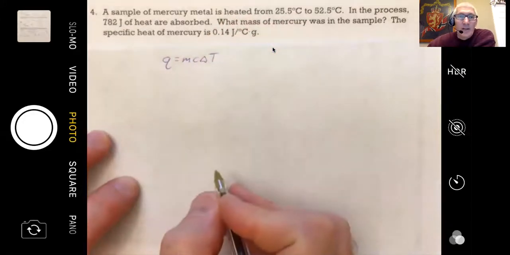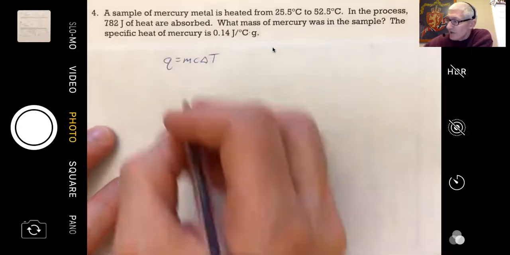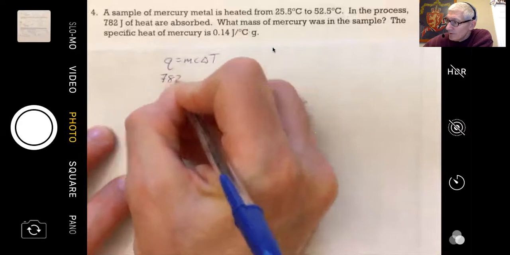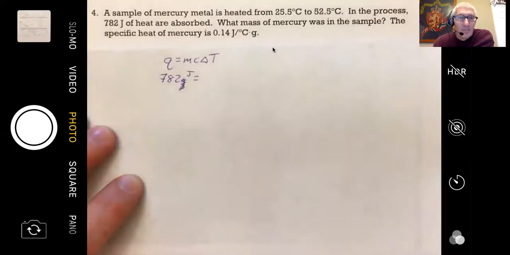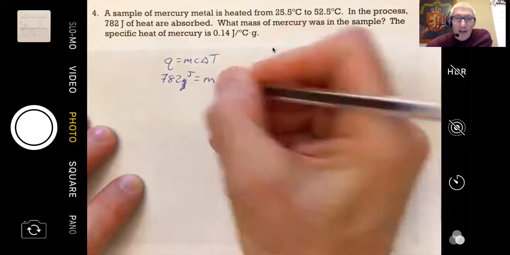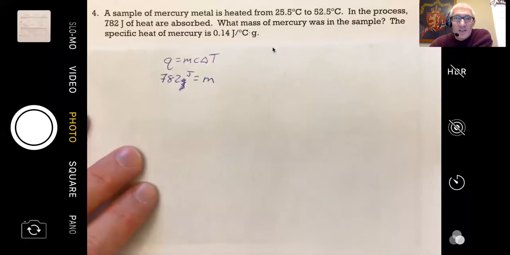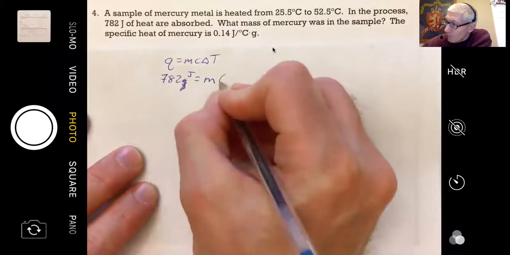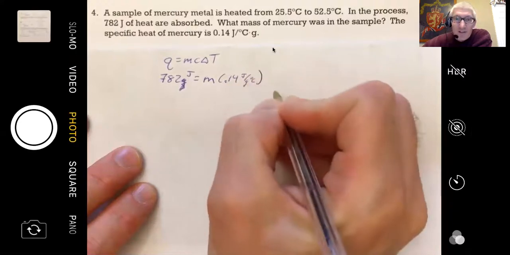We look at what we know, and what we know is that the amount of heat absorbed is 782, not grams, joules worth of energy. And we don't know the mass, so we go ahead and go M. And then we say, all right, what is the specific heat? We know it, it's 0.14 joules per gram degrees Celsius.